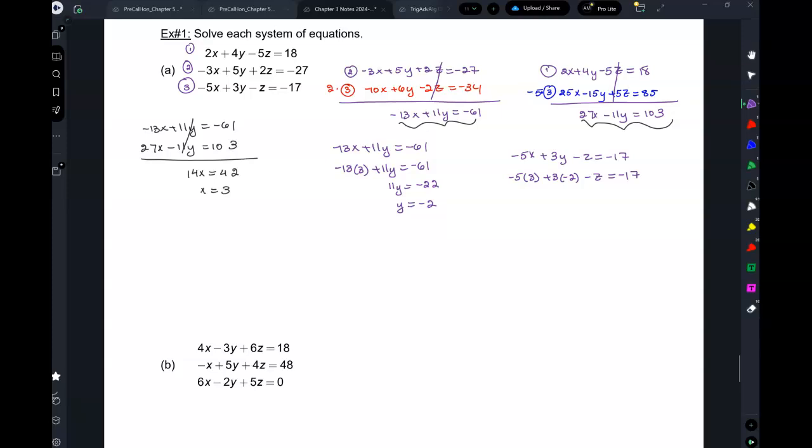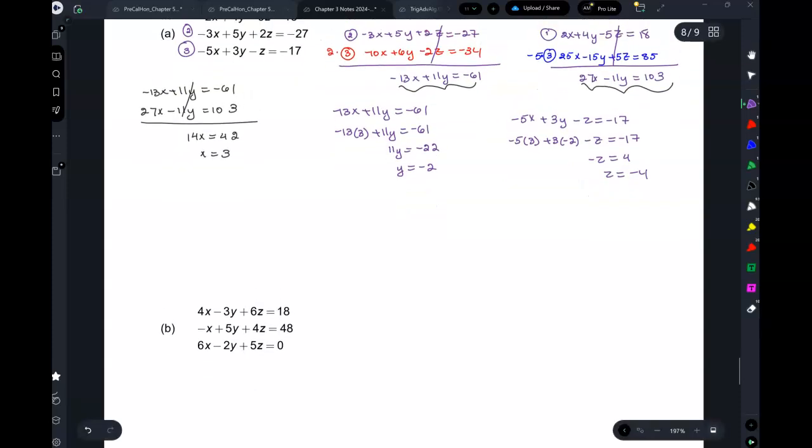So eventually, negative z is equal to 4. Z is equal to negative 4. So now I got x, y, z. We go in alphabetical order. My coordinate will be 3, negative 2, negative 4, in parentheses. That's my answer.